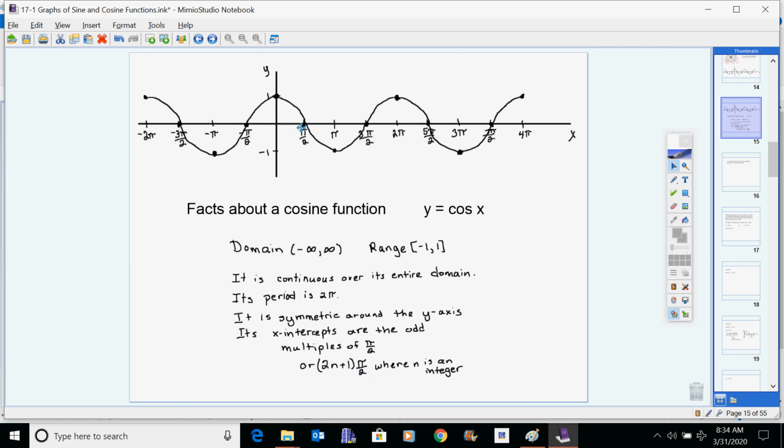But if you're just thinking about those odd multiples, think about going around the unit circle. It's where you hit up and you hit down. Those are where the zeros would end up being. So we have this, and our basic pattern is up, middle, down, middle, up. You're going to be thinking about that as you go through and make all of the graphs for them.